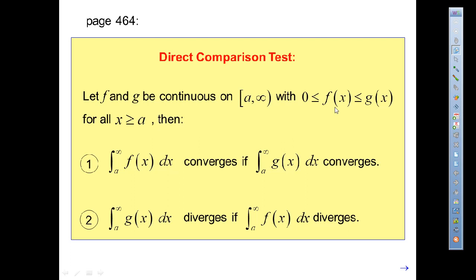In the second part of the direct comparison test, it says that if the one below diverges, then that's going to prove that the one above diverges. You can't have values that are greater than all the values for this function, and this one converge, but that one diverge. It doesn't work that way. This one essentially, if it diverges, it's going to push this one off into infinity as well.